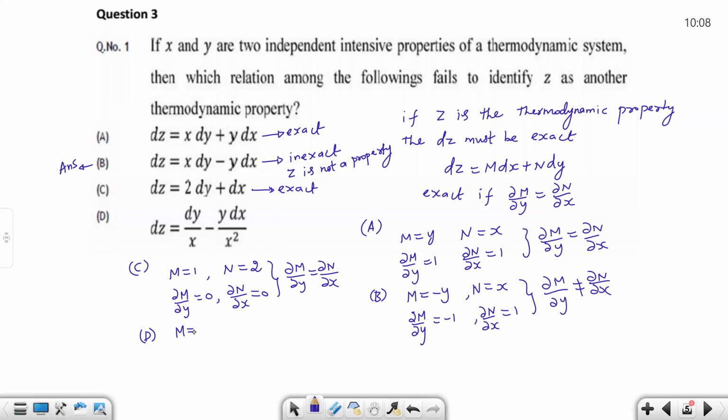M is equal to 1 by x, minus y by x squared, N is equal to 1 by x.